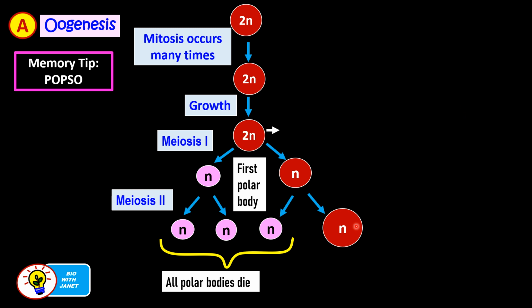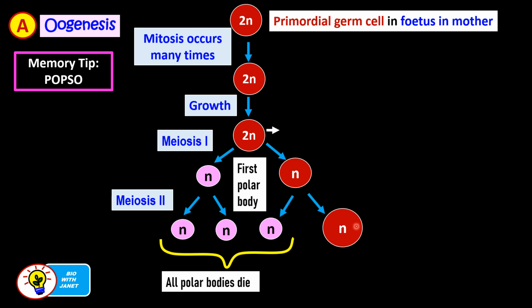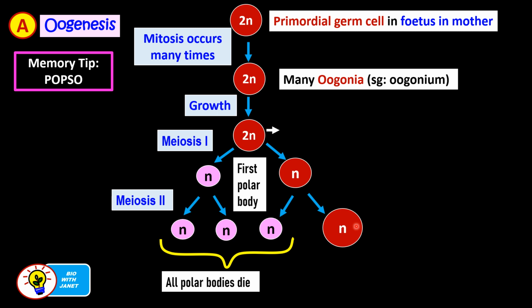So now let's discuss the more detailed process of oogenesis. Firstly, the primordial germ cells in the fetus in the mother will divide by mitosis many times to produce many oogonia. The singular form of oogonia is oogonium. This is called the multiplication stage.